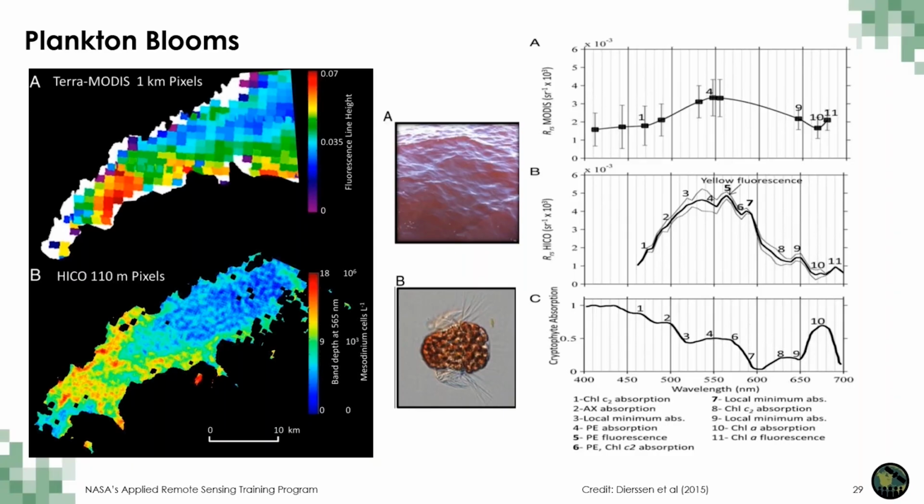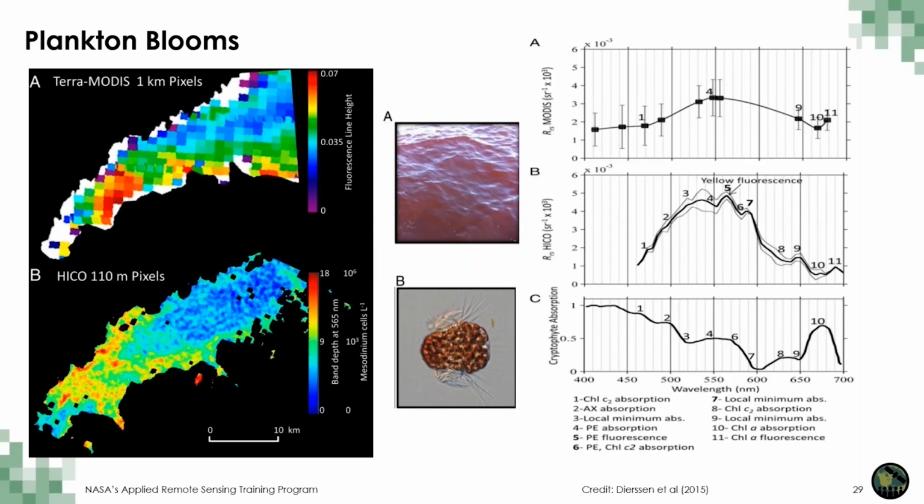The ciliate produces intense red-colored blooms, and here on the left-hand side, a MODIS image from 2012 shows an elevated chlorophyll a fluorescence patch, but due to the limited availability of visible bands on MODIS, the type of bloom cannot be distinguished.